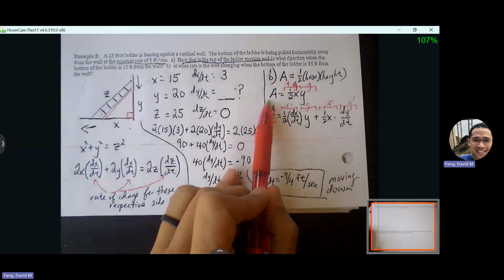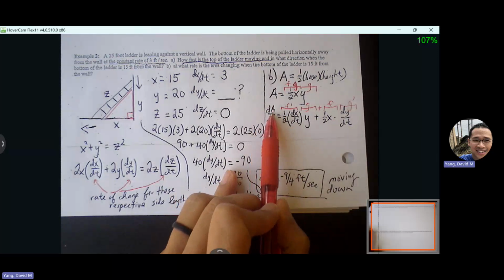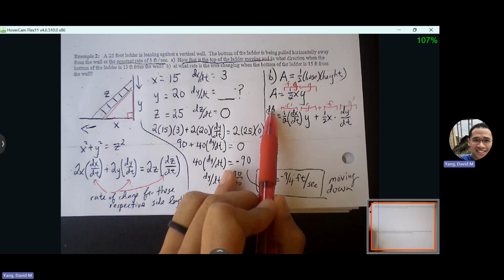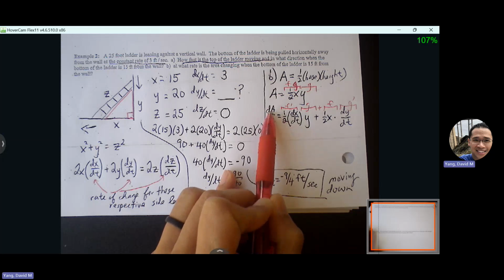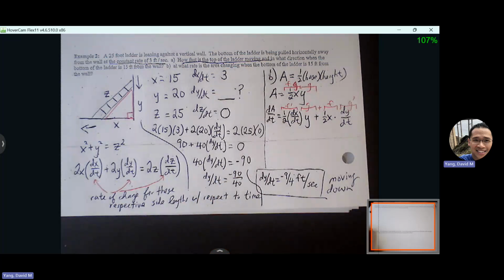Before we enter all that in, let me just talk about units real quick. Area over time. So what do you think our units will be at the end? Area is in terms of what? Square feet, and then time is seconds. Yeah, so square feet per second. That will be our final unit.